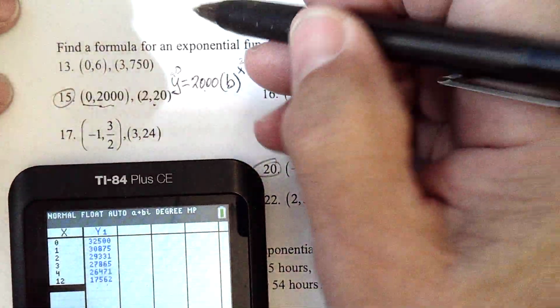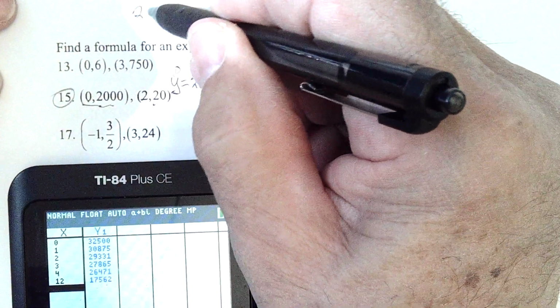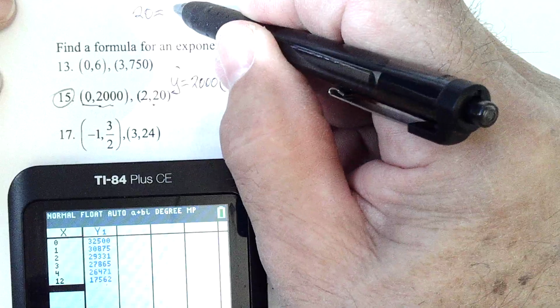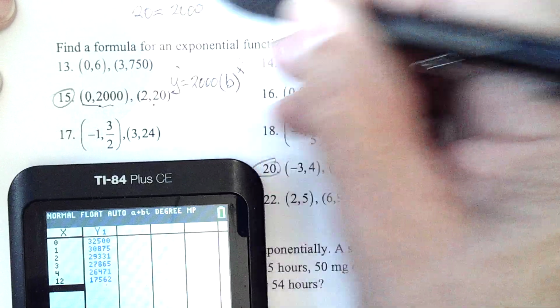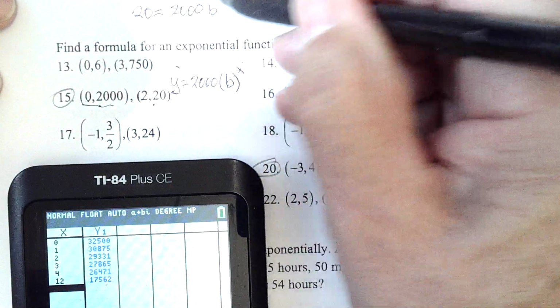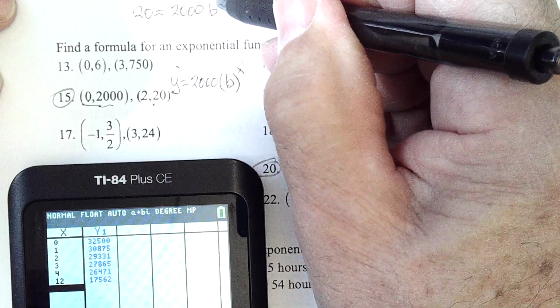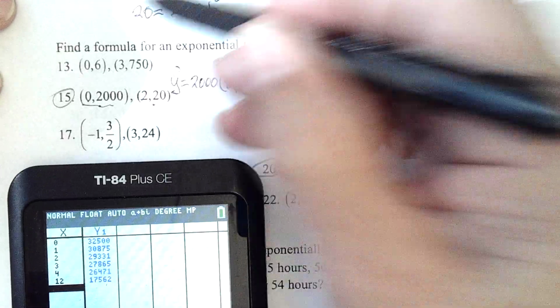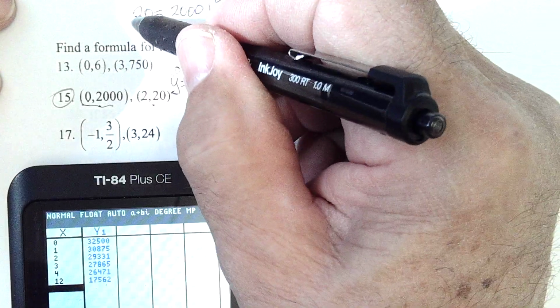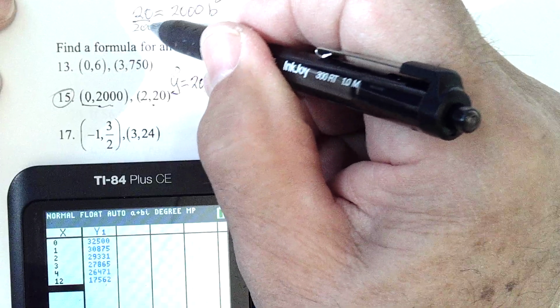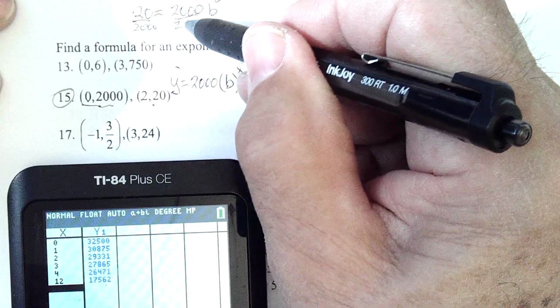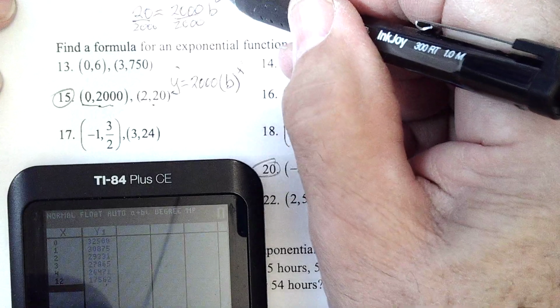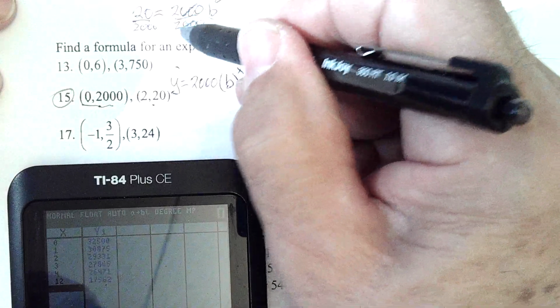So I'm going to put 20 equals 2,000 b squared. So I'm going to divide by 2,000, both sides, to get that 2,000 out of the way, so I can be looking for b squared.